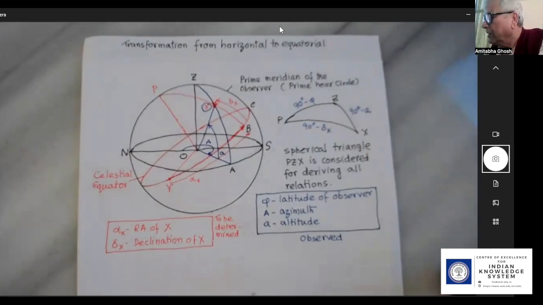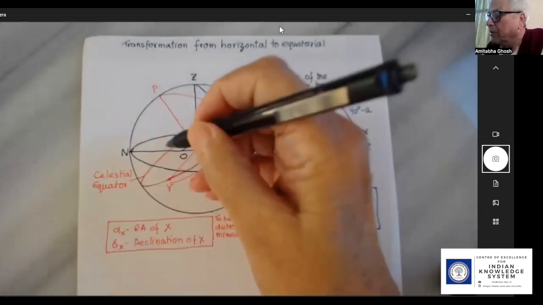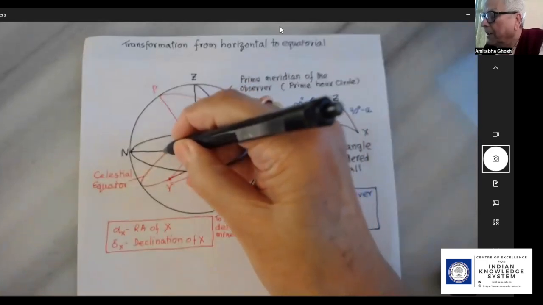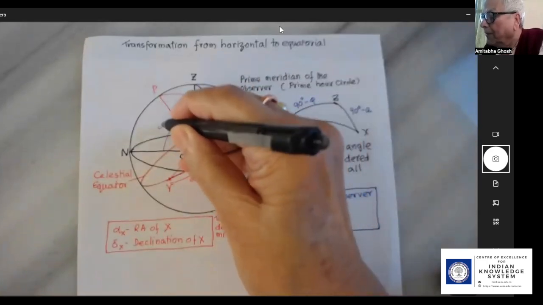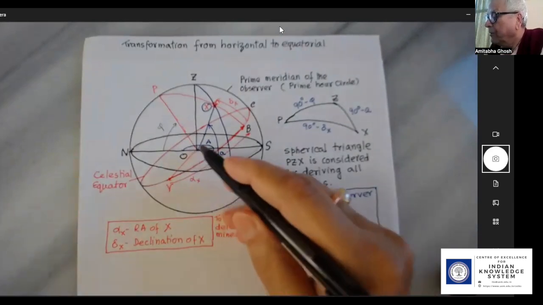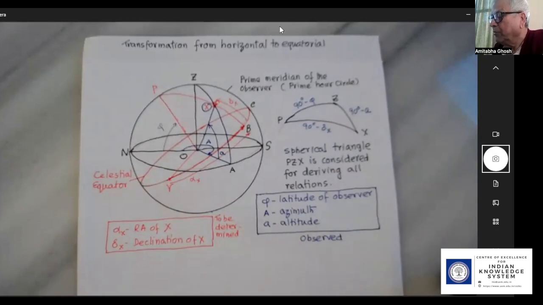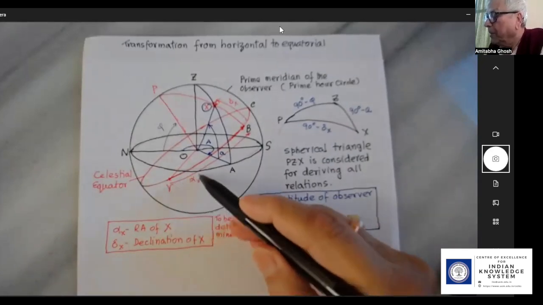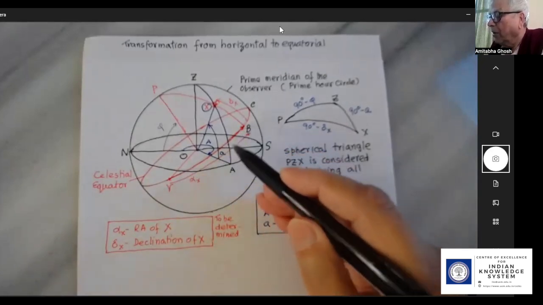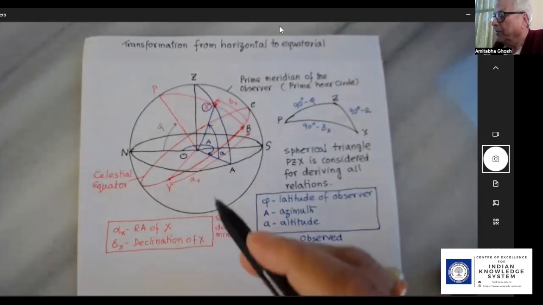Our job is that, given the observer's latitude, which is obviously this, the inclination of the pole star direction, okay? And azimuth of the object is given, altitude is given. These are the three things given. You have to find out the right ascension alpha and declination delta of the same object.